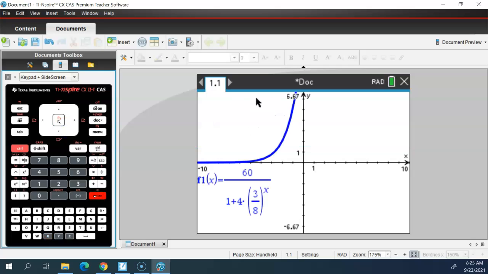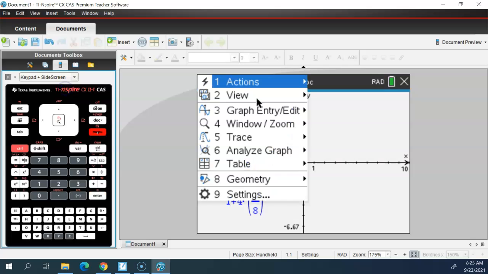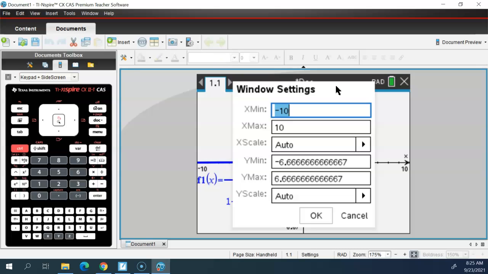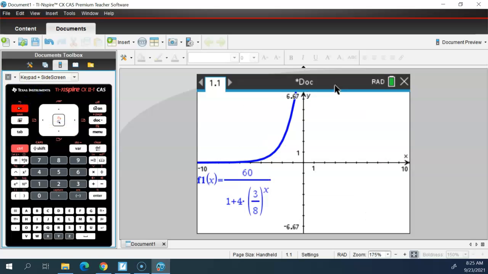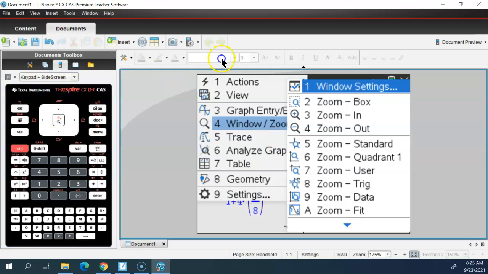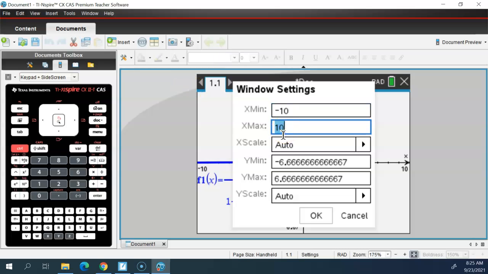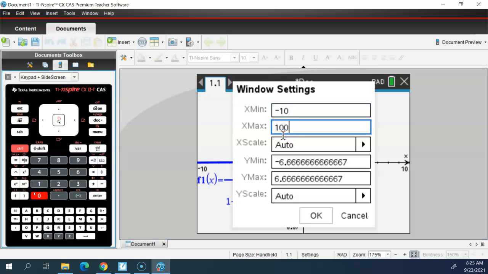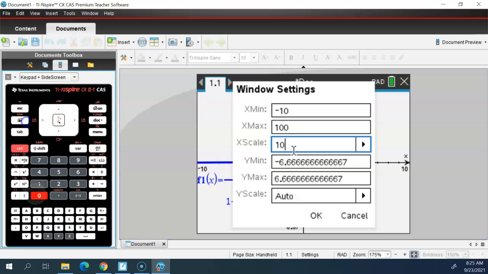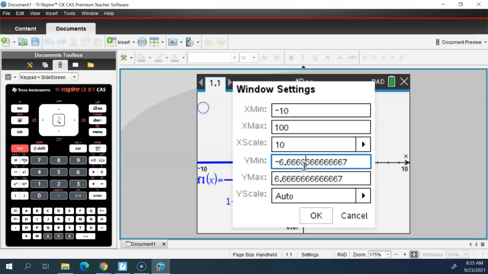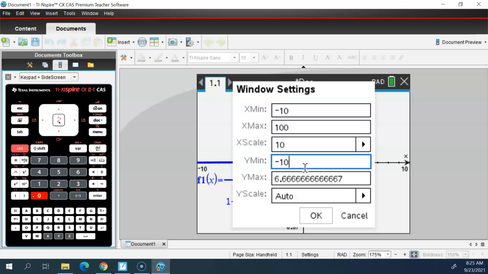There it is. There's the start. We don't see the whole thing. So let's pull our window back out a little bit, and let's expose it a little bit. Negative 10, I'm okay with that. Whoa, hang on. That's not bad. Menu, window, settings. That one. Let's go 100, because we can. Minimum, let's go negative 10.